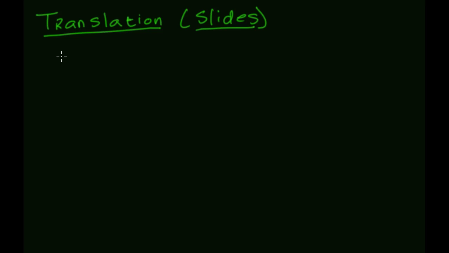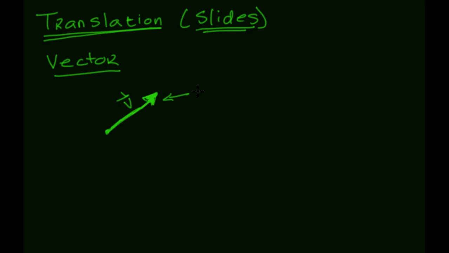Okay, so the key to doing a translation is an idea in mathematics called a vector. A vector is usually drawn like an arrow, so it's going to look a little bit like a ray, but it has a definitive length. So if this is the vector v, its length matters. The arrowhead on a vector doesn't mean that it goes on and on forever, but it gives its direction.